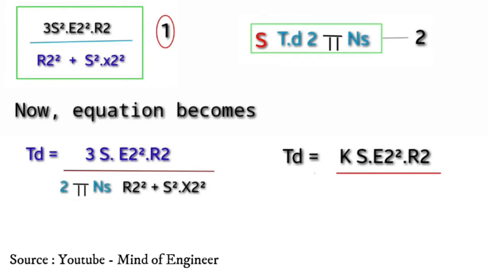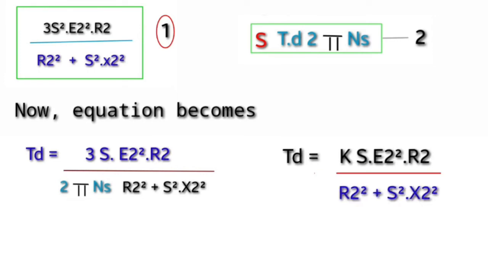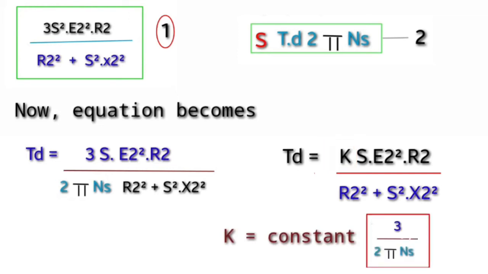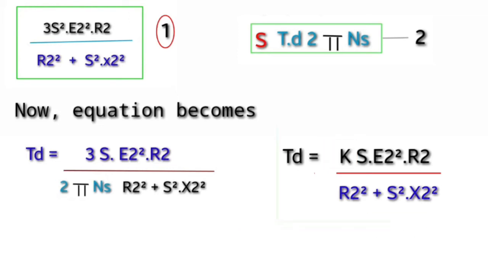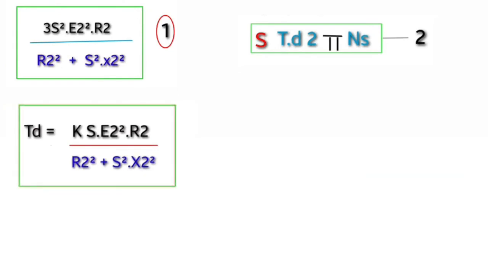And for the torque control of the motor, here is the formula of torque, which is torque proportional to K times S times E2 times R2 divided by R2 plus S times X2 squared. K is the constant, which is 3 over 2 pi Ns. S is the slip.